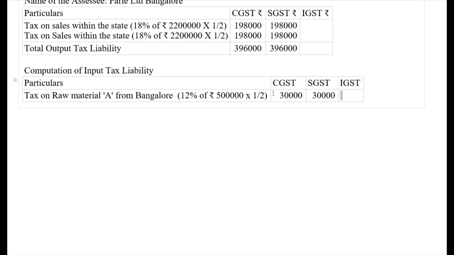Then the next one, similarly, tax on raw material B from Mumbai, on which IGST is payable. The rate of IGST here is 12%.